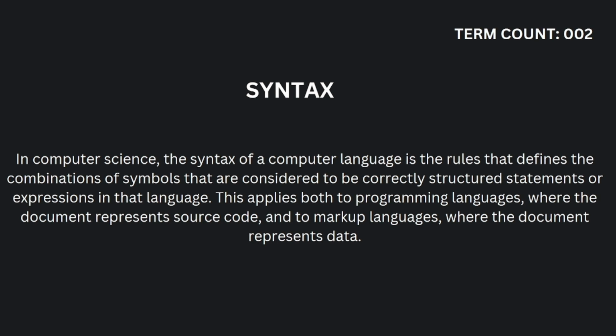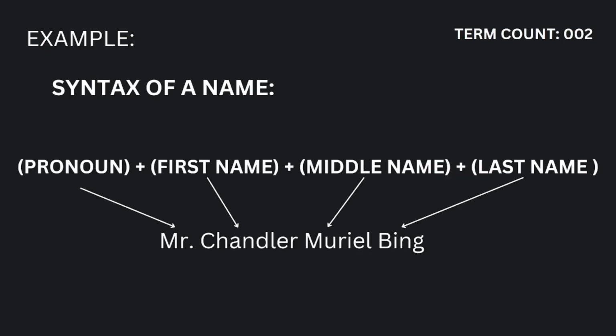Think of syntax as thumb rules that we need to follow, and we follow syntax in our daily life. Take a name, for example. We follow a very basic structure. We follow a very basic syntax. That is, we first say the pronoun, then the first name, then the middle name, and the last name.